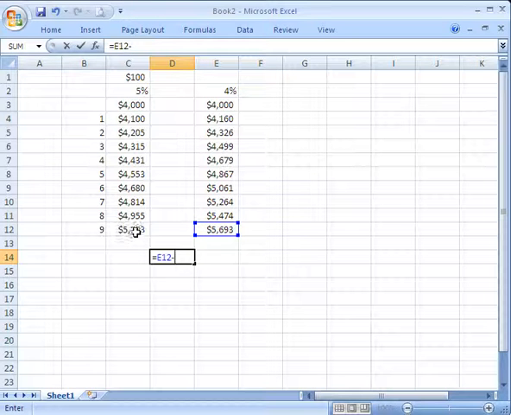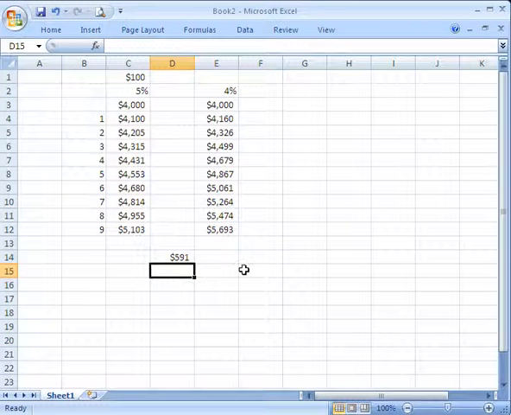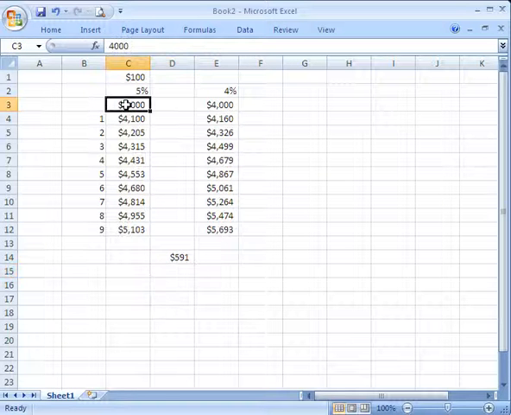I'm going to subtract, and actually the order doesn't matter here. Now I can tell immediately that these two answers are $591 apart. Let's remember that $591 and go back to $5,000.